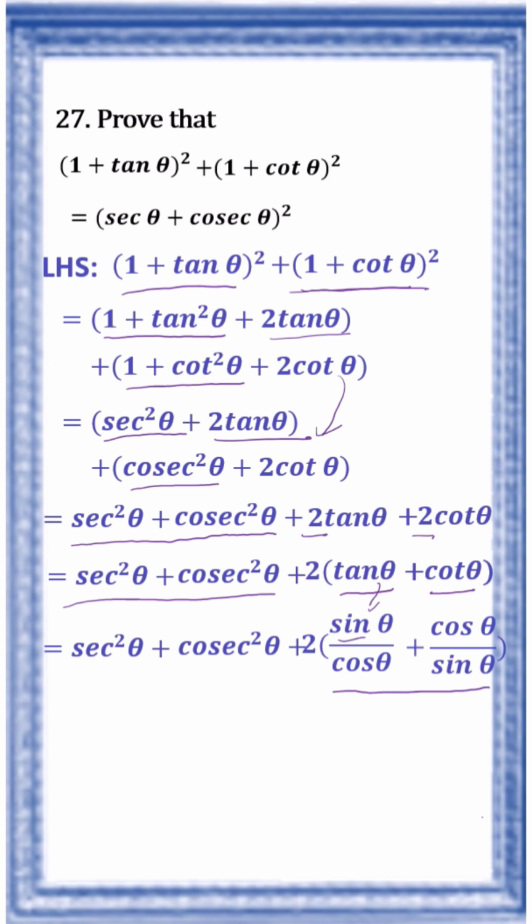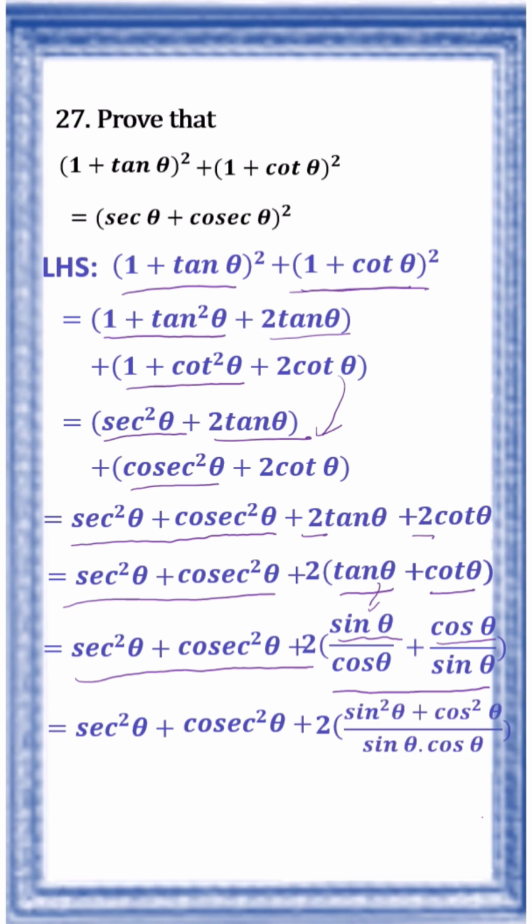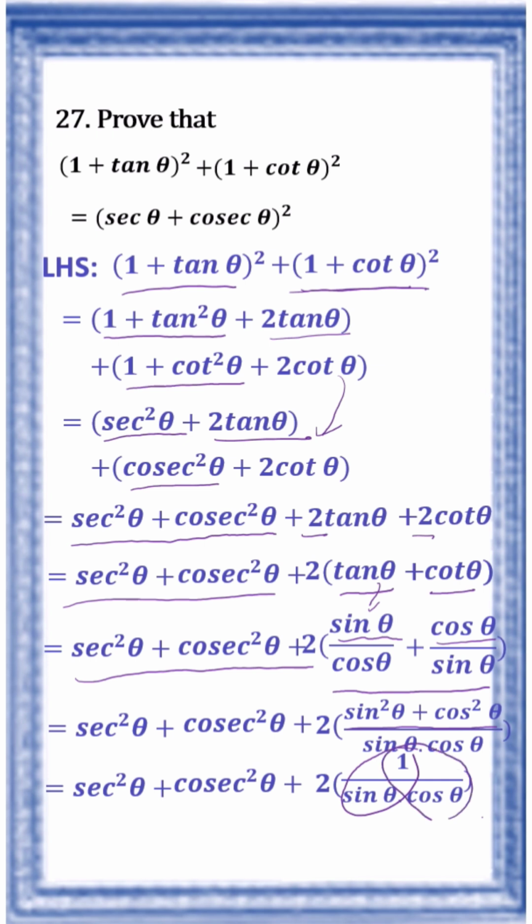So in the numerator, sin² θ + cos² θ. 2 into sin² θ + cos² θ upon sin θ cos θ. Here observe that sin² θ + cos² θ is equal to 1. So 2 into 1 over sin θ into cos θ. 1 by sin θ is cosec θ, 1 by cos θ is sec θ.